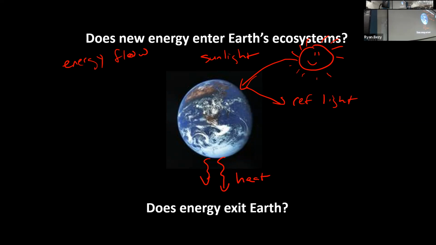So if none of that energy was exiting, Earth would just keep getting hotter and hotter until it would burn to a crisp. Instead, what happens is, some of that heat energy from Earth is constantly radiating out back into space as well.